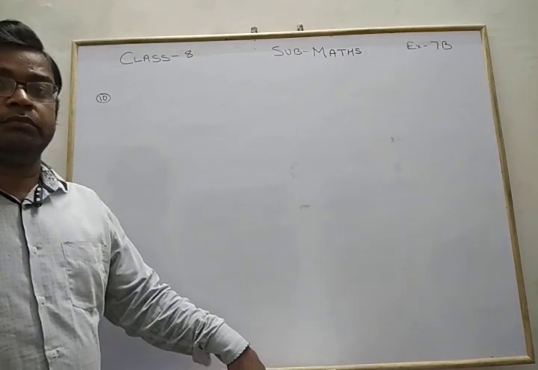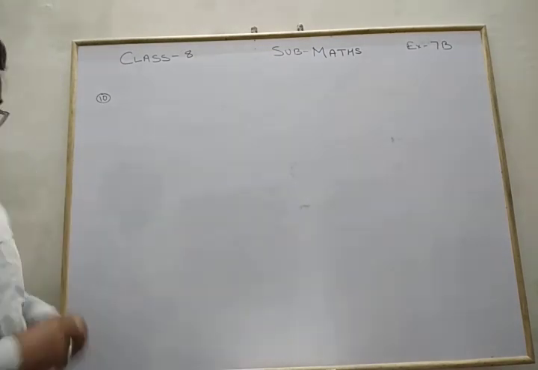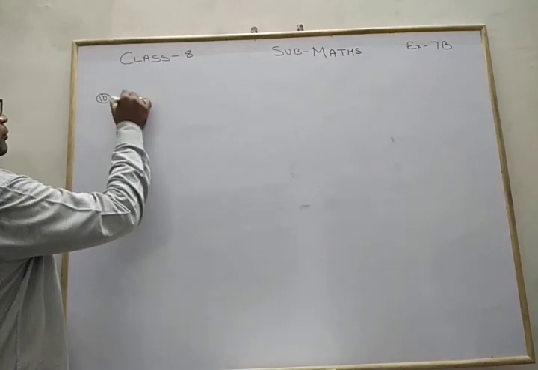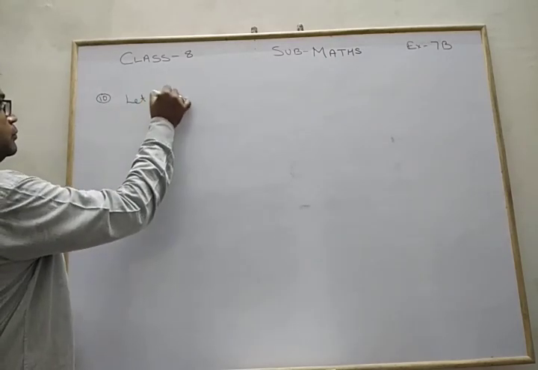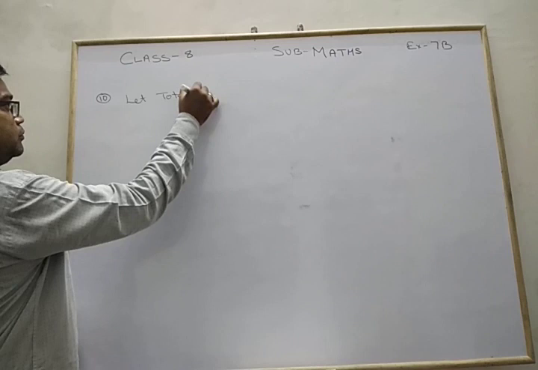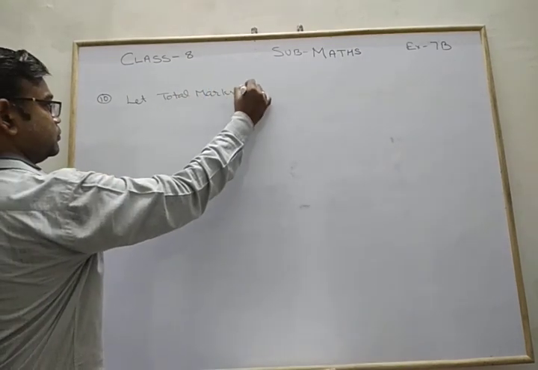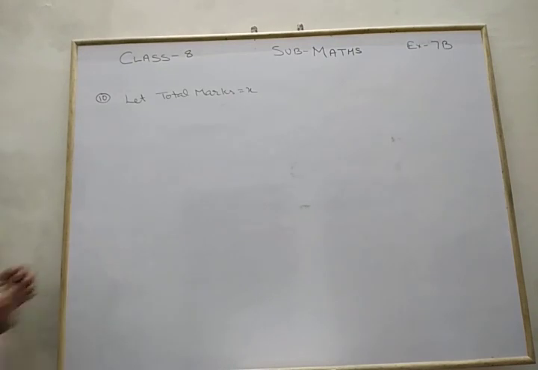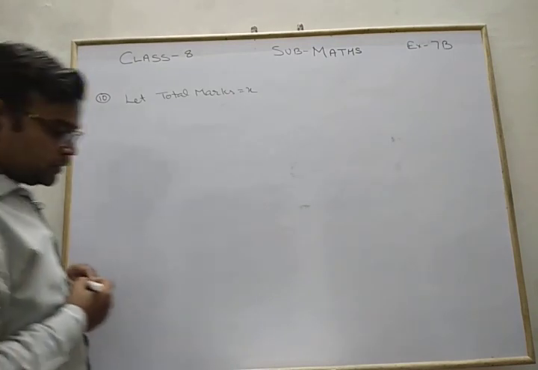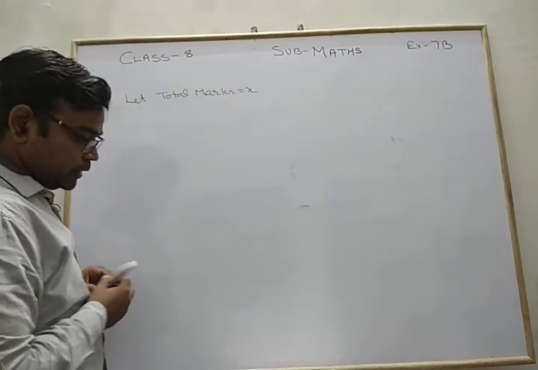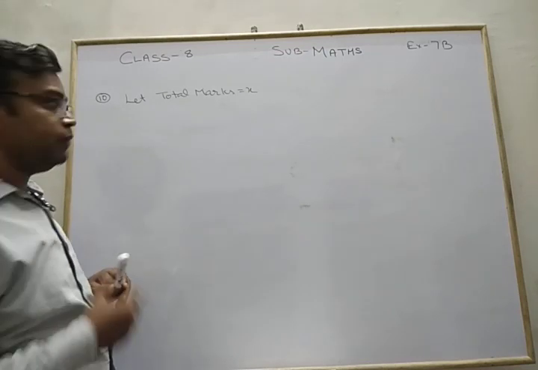Let total marks be x. Total marks equals x. Now for the first person, he received 30% and failed by 5.